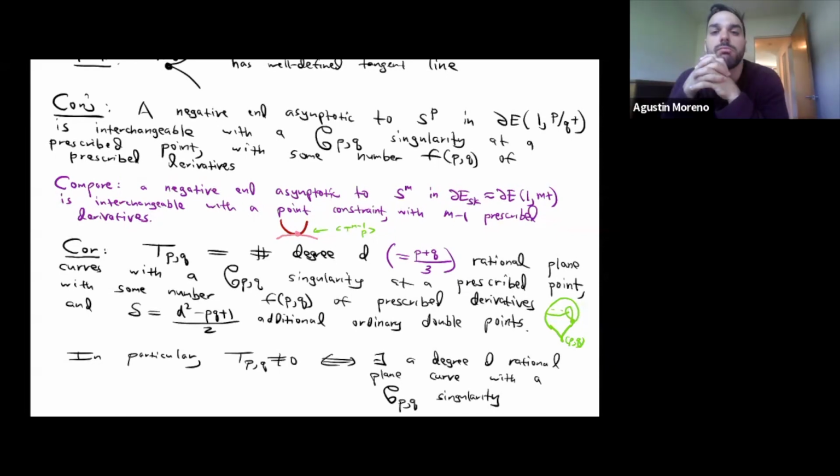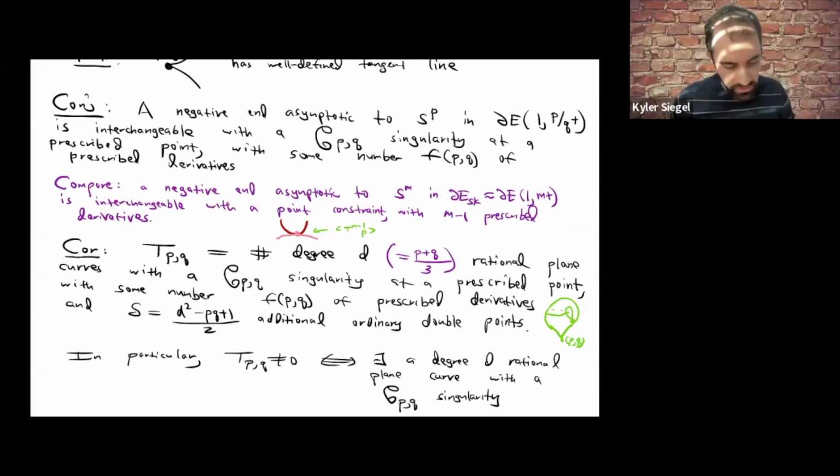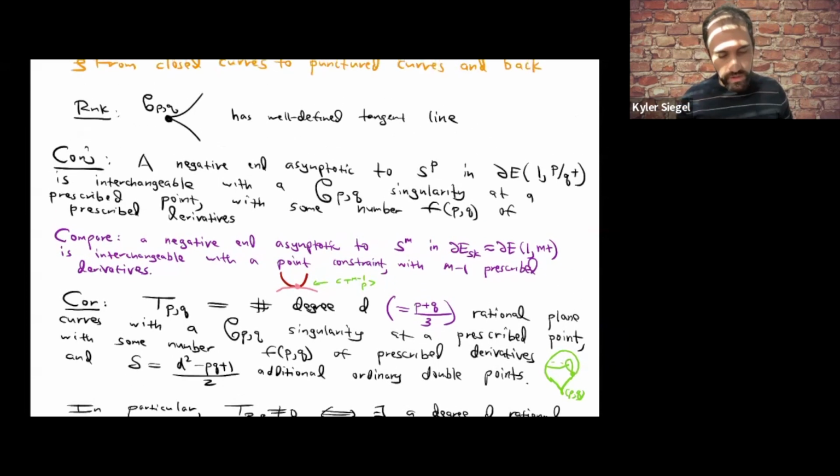For example, in the case of the ordinary cusp, that's just 3 over 2. So in that case, you would have to prescribe exactly one derivative.